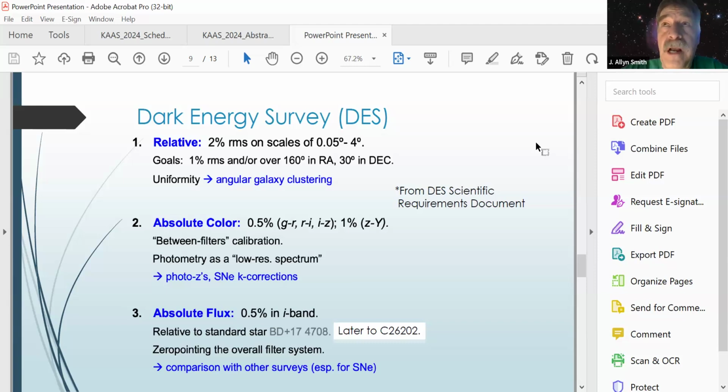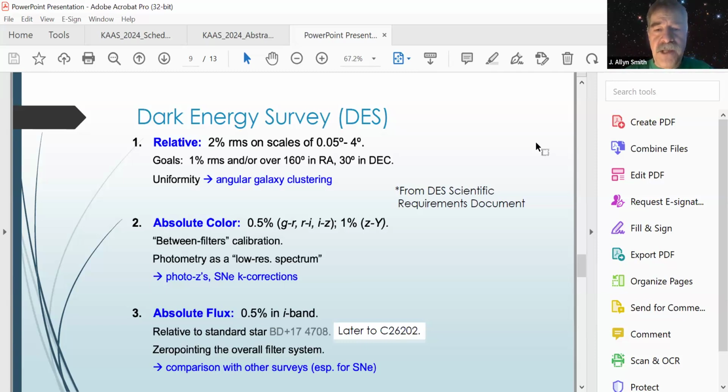Absolute flux, we wanted 0.5% in the I band. And this was going to be tied to the Sloan standard BD+17 4708 until we figured out that it's really horribly placed in the northern hemisphere for a southern hemisphere observatory. And oh yeah, it's a variable, at least a spectroscopic variable.